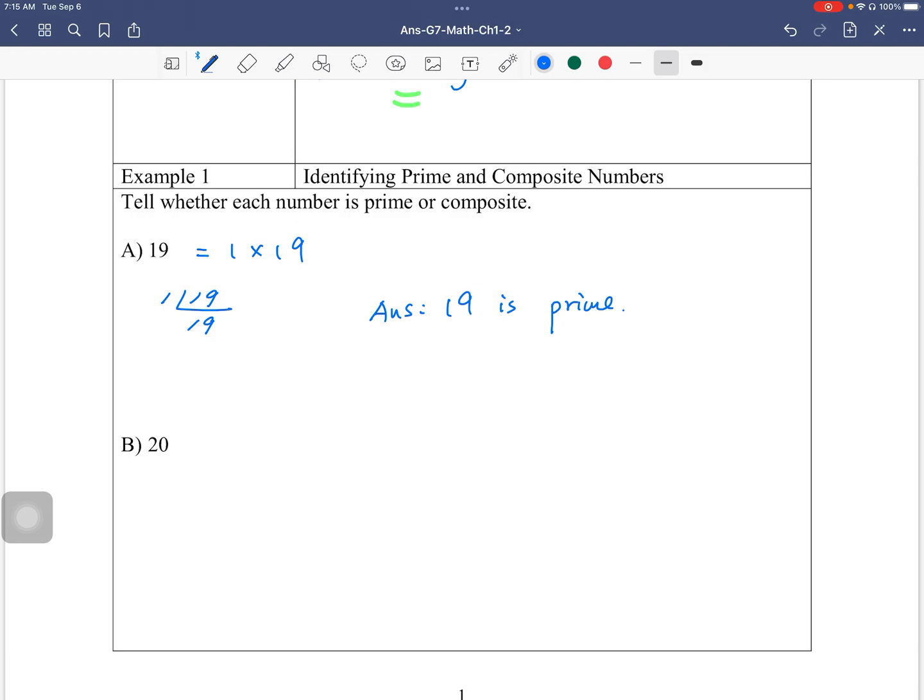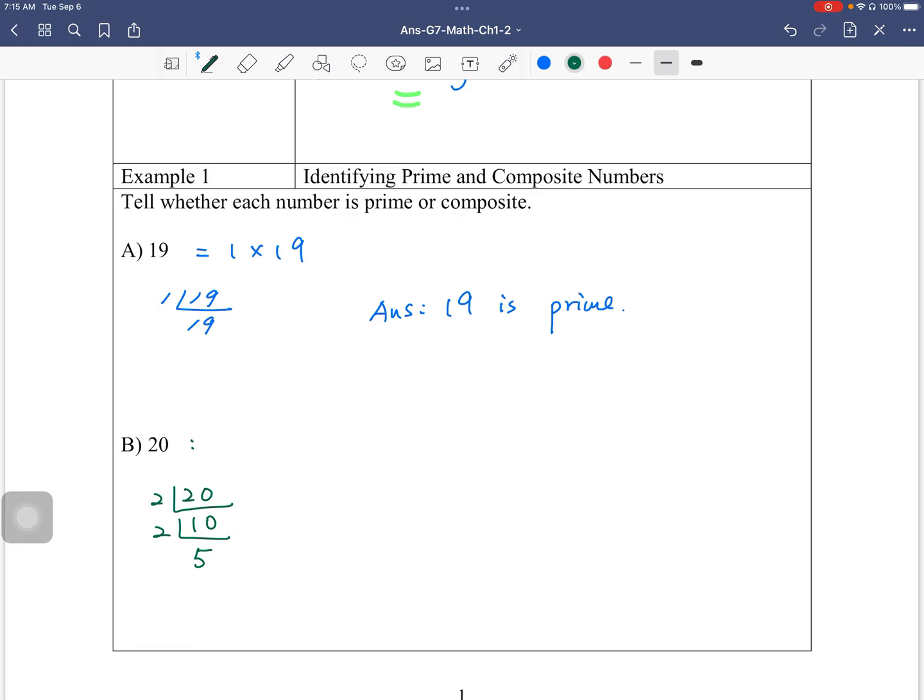Then for 20, let's try to factor it. We do short division starting with the smallest prime number, 2. I get 10, then 2, I get 5, and that's the end.